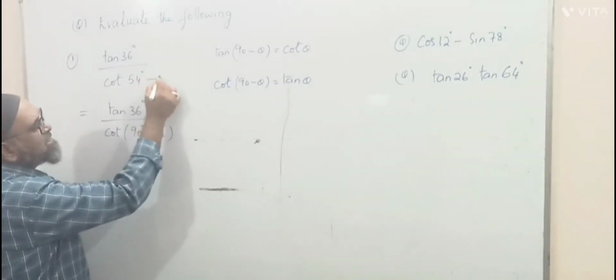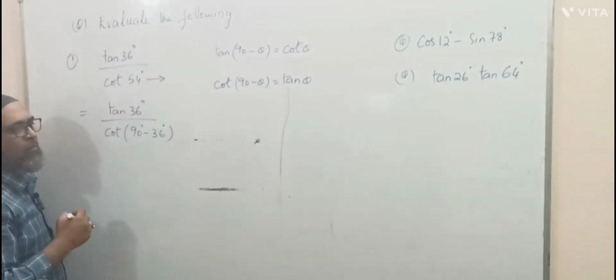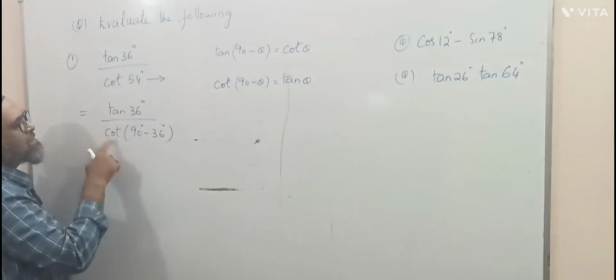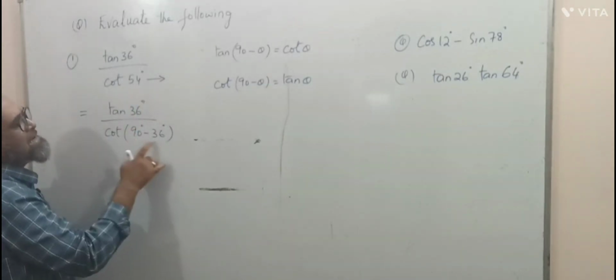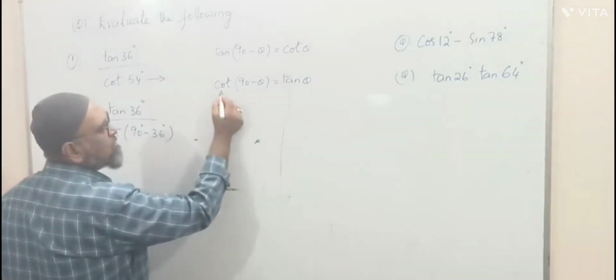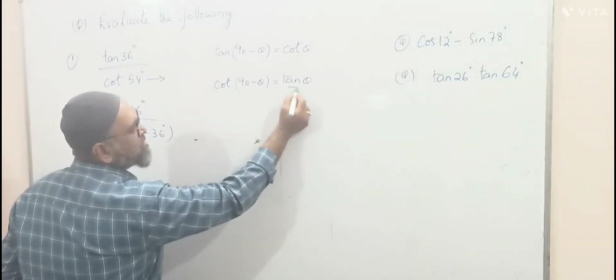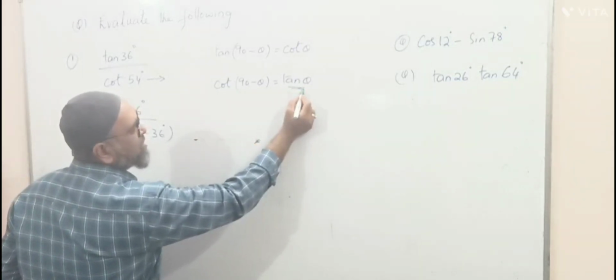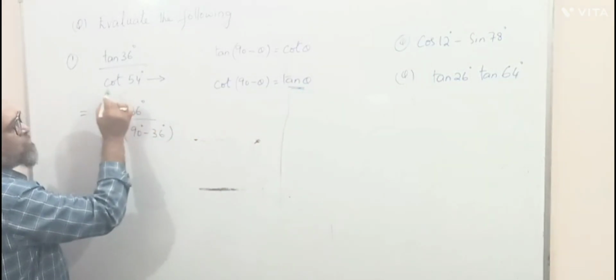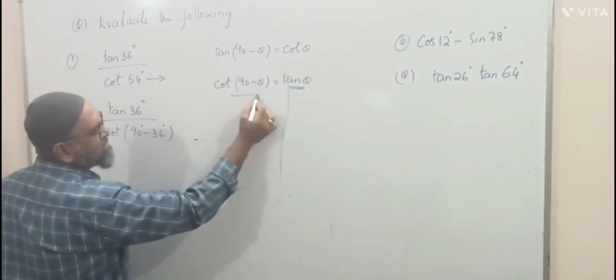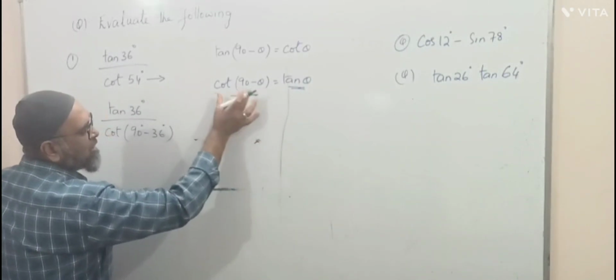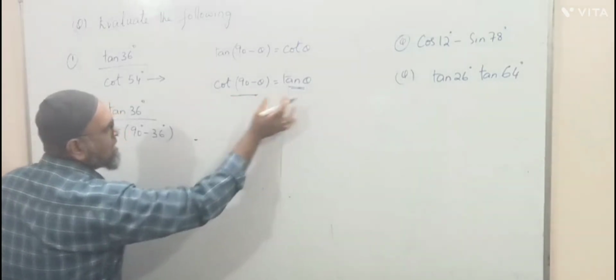So I am playing with this number 54. What I am doing? I am writing cot as it is. I am changing this 54 to 90 minus 36. Now cot 90 minus theta is equal to tan theta. I wanted to make this identity as this. Why? After solving this, I will get tan theta.